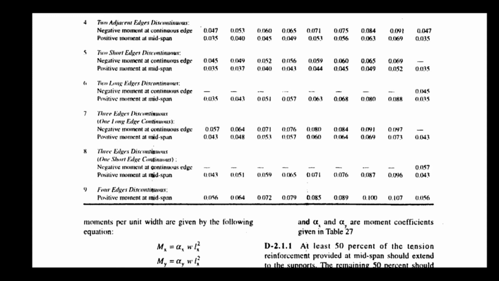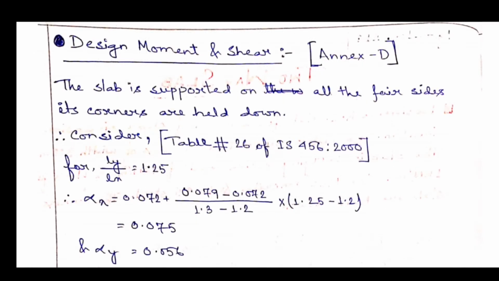Now we have to interpolate this to find out the value, and for Ly, look, this is given 0.056. Now we have to interpolate. So for alpha x, we have to find out the values between 0.072 and 0.079.